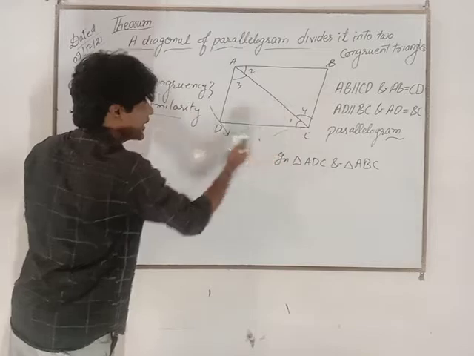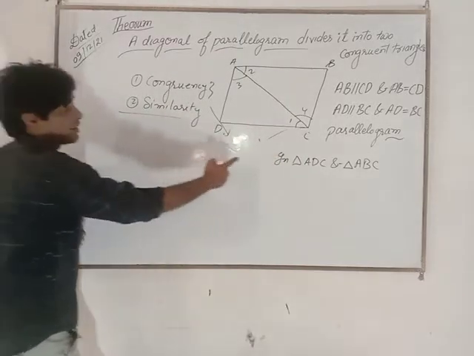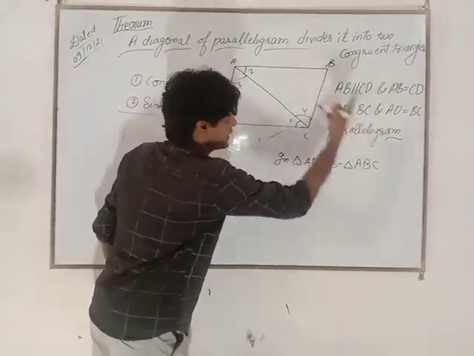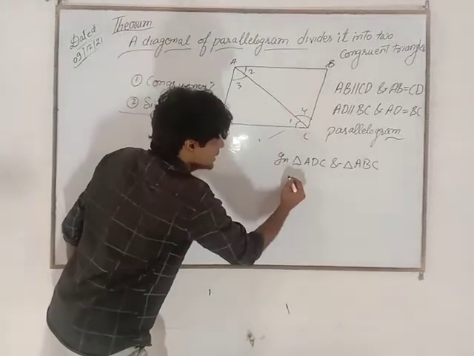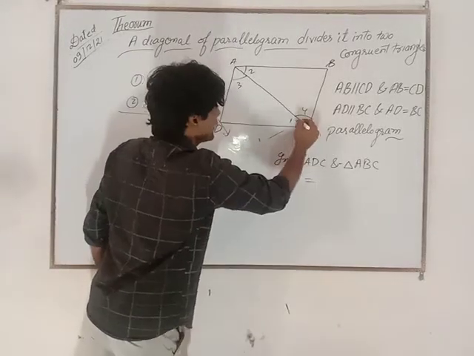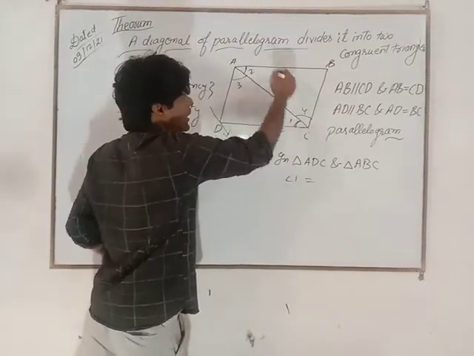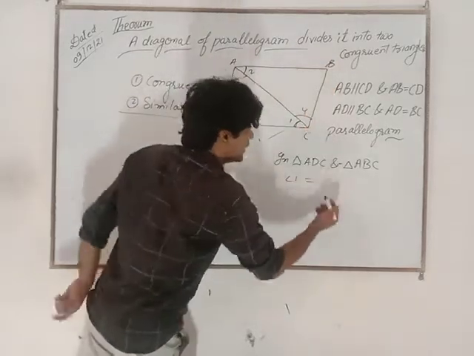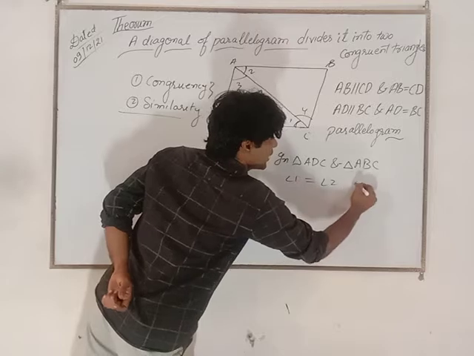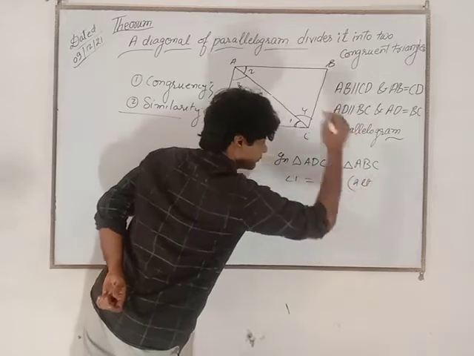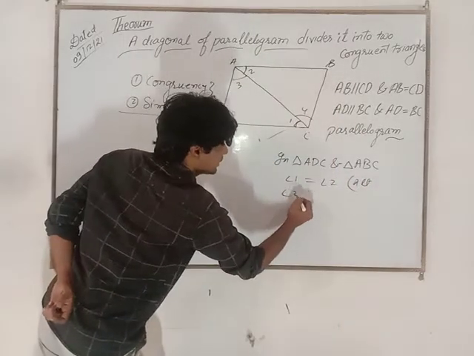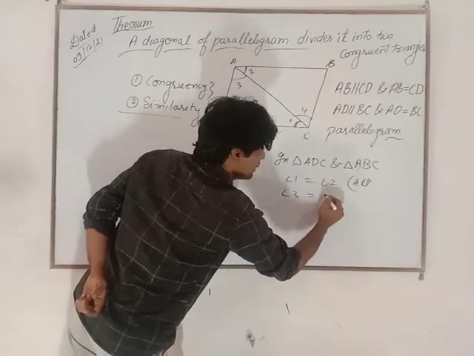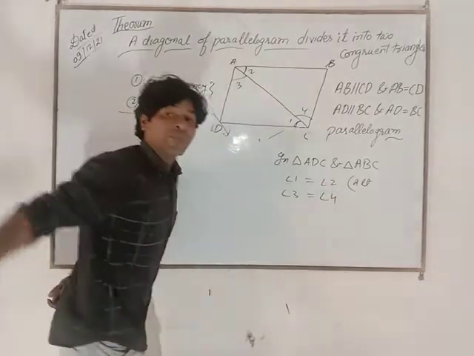Here again you will take triangle ADC and triangle ABC. You see here angle 1 is equal to angle 2, because opposite lines are parallel. Here angle 1 is equal to angle 2, alternate. Likewise, angle 3 of triangle ADC will be equal to angle 4.